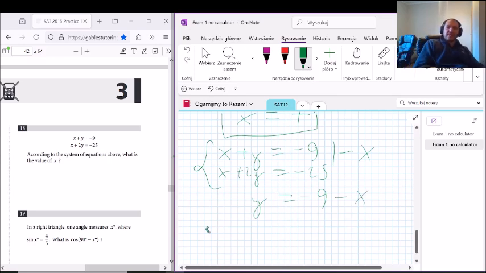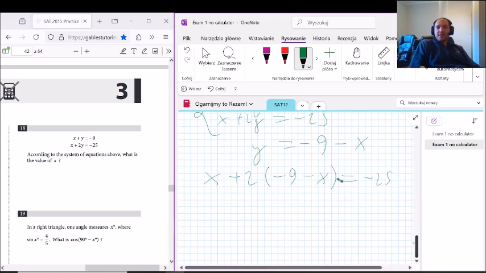And now in the second equation, we just rewrite this equation, x plus 2, but we see y, so instead of y, we write in a bracket minus 9 minus x, because y is exactly the same as minus 9 minus x, and it equals minus 25. Now we have an equation with only one unknown, and we can simply solve it.